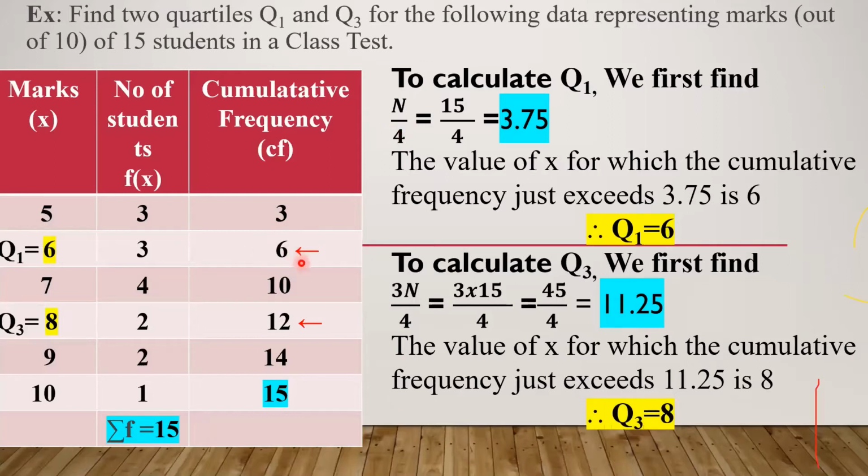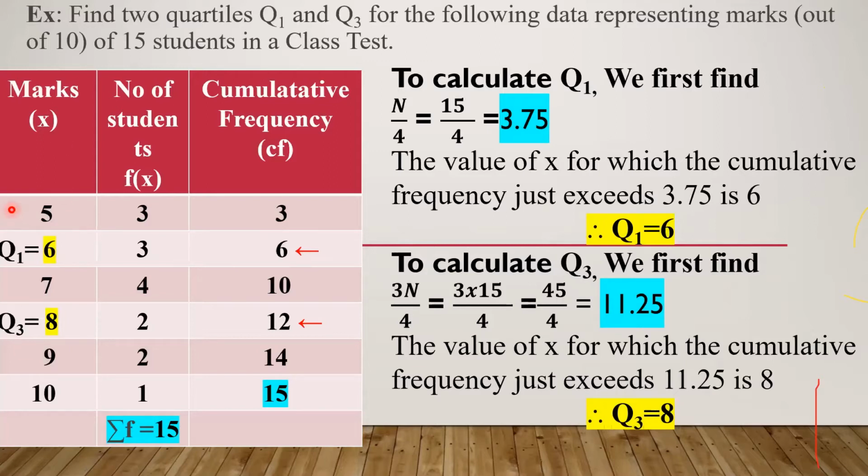It is not. Okay, it is the value of the variable for which the cumulative frequency is bigger than 3.75. Fortunately or coincidentally, in this case this figure and this figure are the same, 6 and 6. But Q1 is not this 6, it is this 6. Understood? You have to look at the value of the variable. So this is how we have calculated Q1.